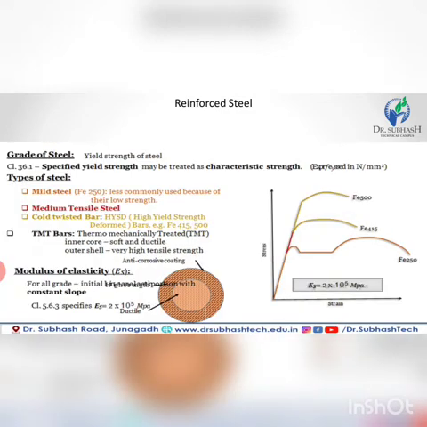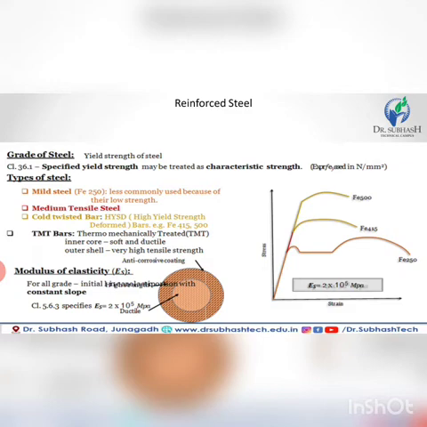Next, grade of steel, yield strength. Specified yield strength may be treated as characteristic strength in Newton per mm square. Mild steel Fe 250 is less commonly used because of its lower strength.